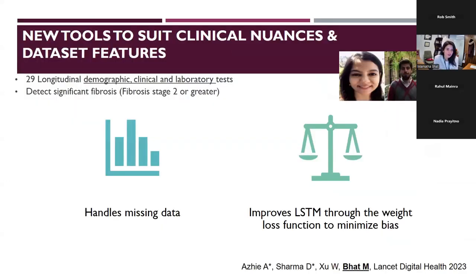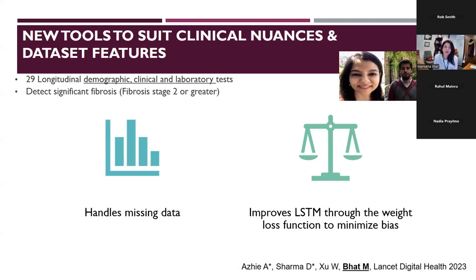So now moving on to graft survival, this is another paper we published in Lancet Digital Health now close to 2 years ago, driven by Divya Sharma and Amir Aji. So Divya developed a new machine learning method called weighted long short-term memory network. And this was developed to train a model to predict advanced liver graft fibrosis.